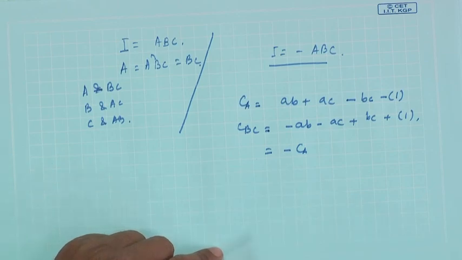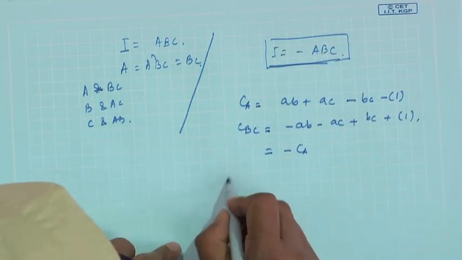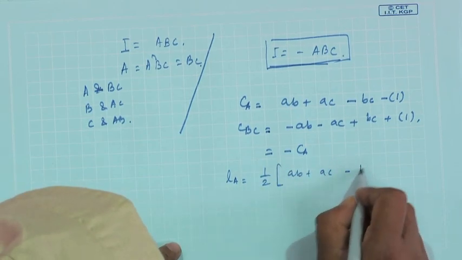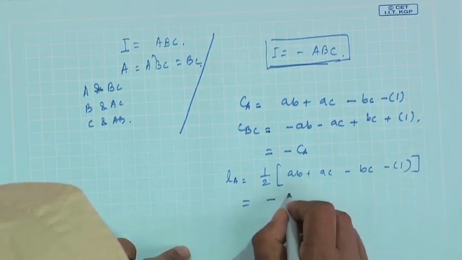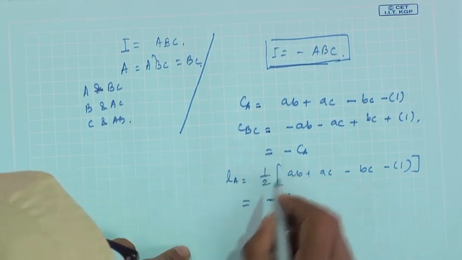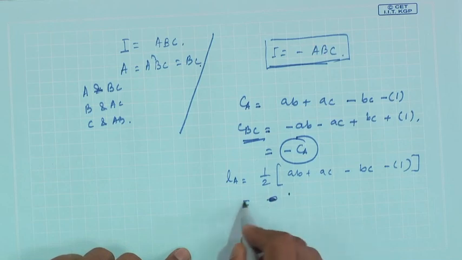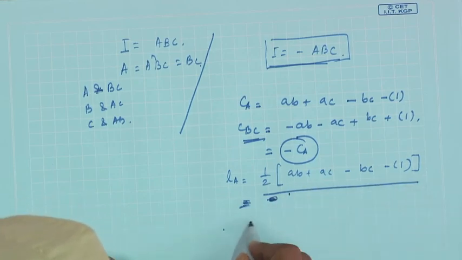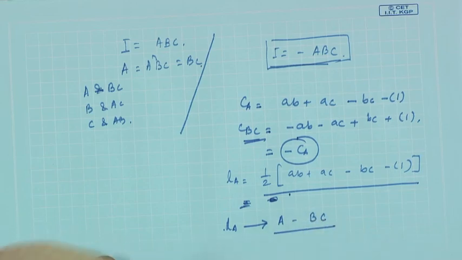So, as a result, if you use this second half, then when you compute LA, which is 1 by 2 of AB plus AC minus BC minus 1, this is basically minus of this, minus of the BC contrast. So, what happened, this LA, when you compute like this, ultimately relates to A minus BC.